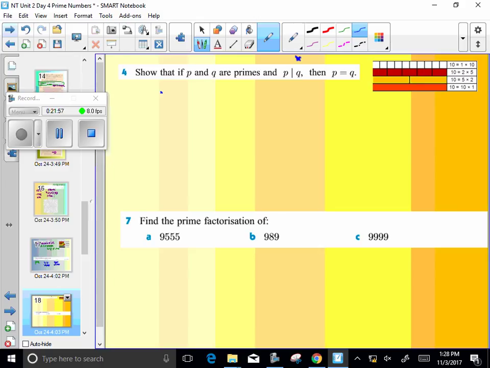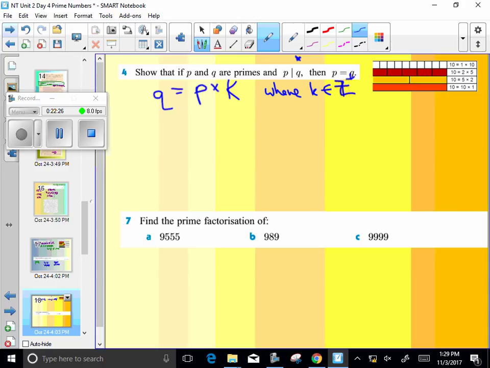Q is going to be equal to P times K, where K is an element of the integers. It would be positive integers, because we're not looking at 0 or negatives. It's actually greater than 1.